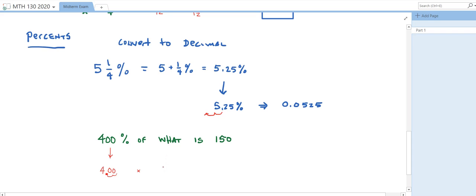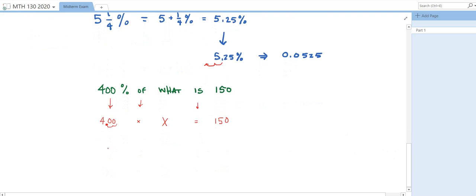And for "what," let's just go with x. Let's make that a variable. And anytime you see "is," that means equals. So put some arrows here. 150.